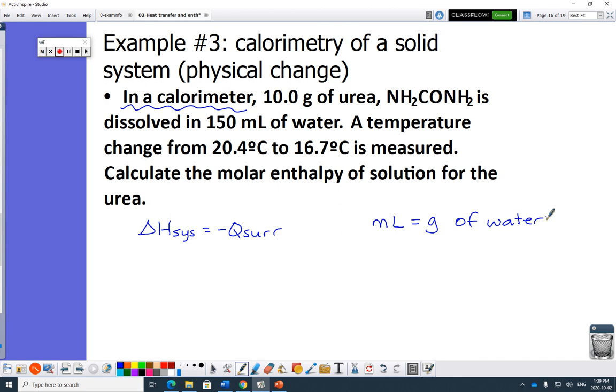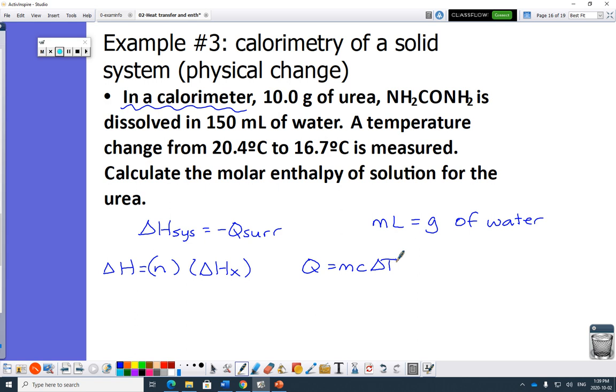Because this delta H, that's this formula, and the Q formula, you need mass for. So milliliters and grams of water are the same.